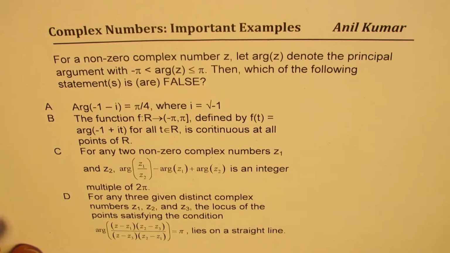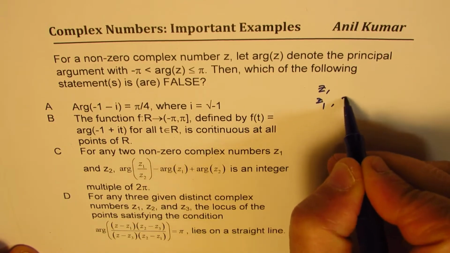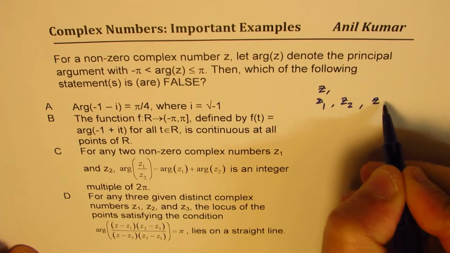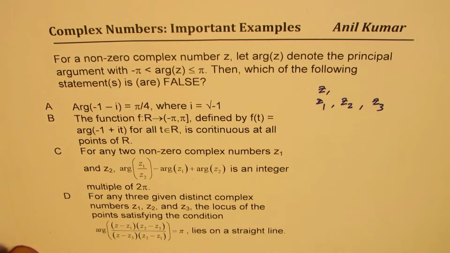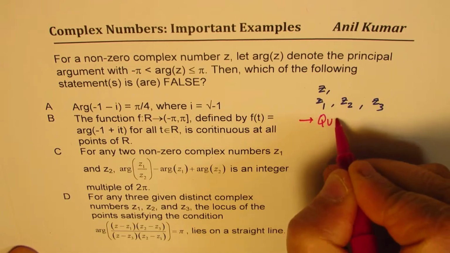So now we are given four complex numbers. So we have z, z1, z2 and z3, right? And we are given a condition here. They lie on a straight line. Well, when there are four vectors, it gives you a hint that we are talking about a quadrilateral, right?